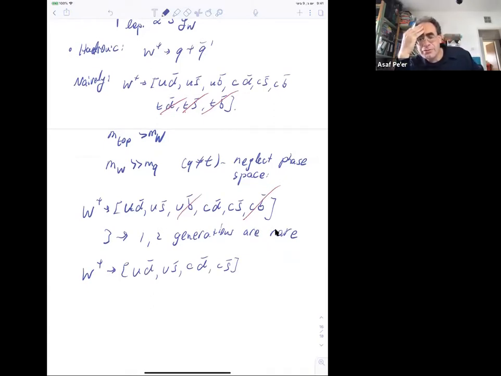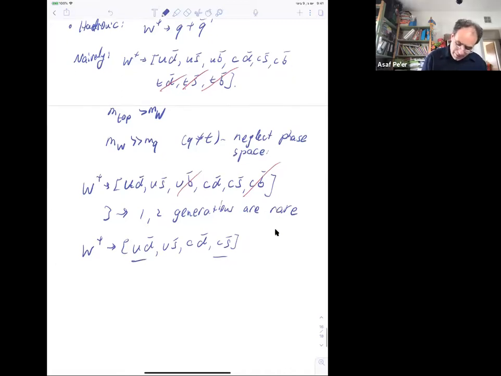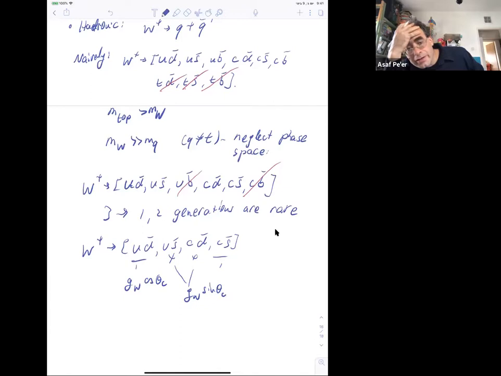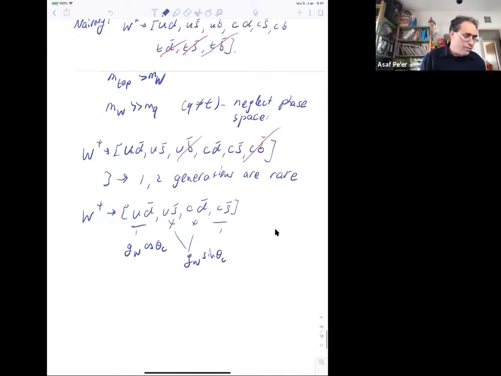So we have 2 decays within the same generation, so the coupling constant is G weak cosine theta Cabibbo. And we have the 2 mixed generations, and of course the coupling constant is G weak sine theta Cabibbo. But we do have to remember that each of these quarks has 3 color charges, so we have to multiply by 3.